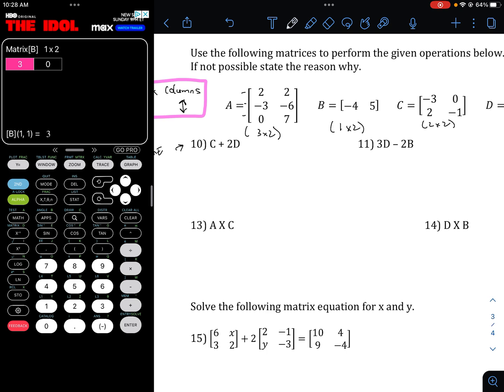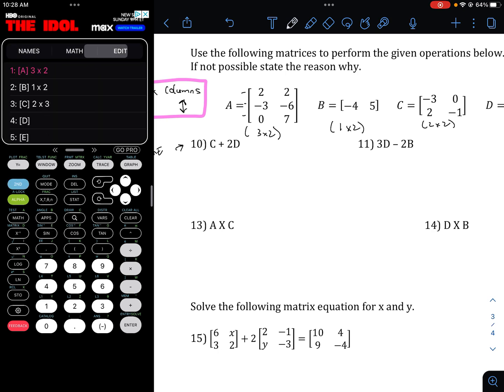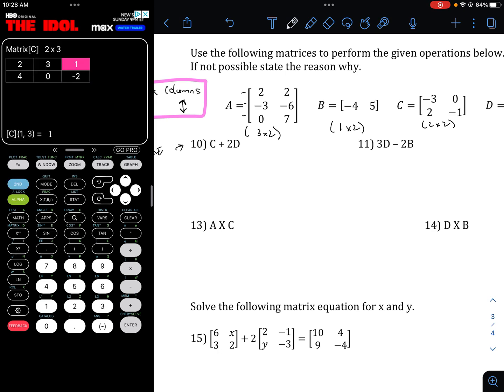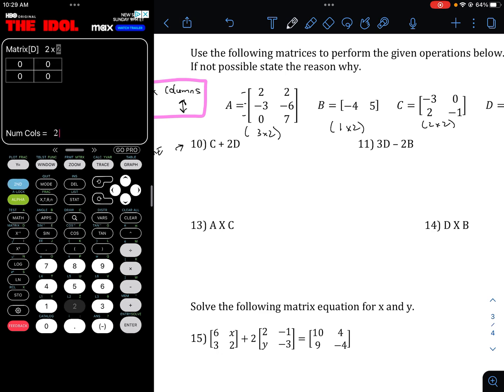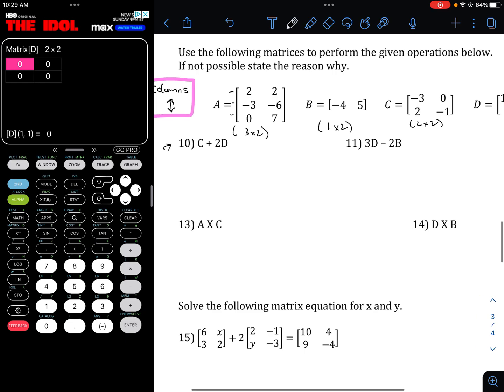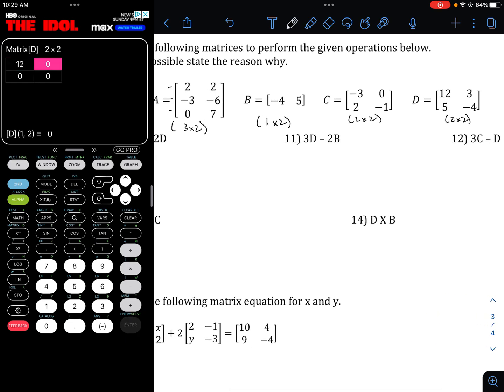It's a nice thing. If you make a mistake, you'll see what it looks like. And quit that. Second matrix, over to edit, 3. This time we need a 2 by 2: -3, 0, 2, -1. And we're going to make one more 2 by 2 for matrix D, and that will be 12, 3, 5, -4.